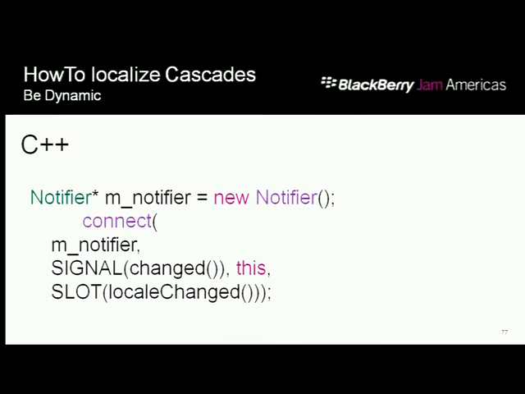In Beta 3, there is no notifier to watch this. There is a Cascades LocaleHandler, and you can say, I'm watching for system locale changed. I will blog about this in the next days after the conference, and also update my application so you can see how it works with Beta 3.